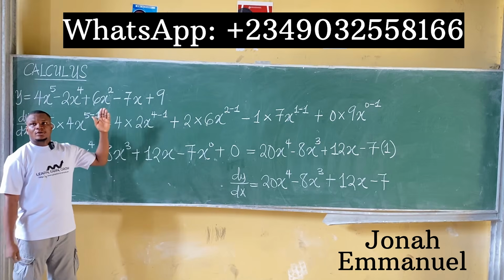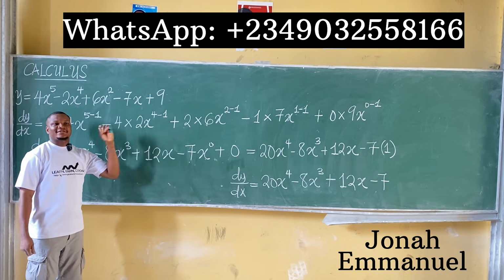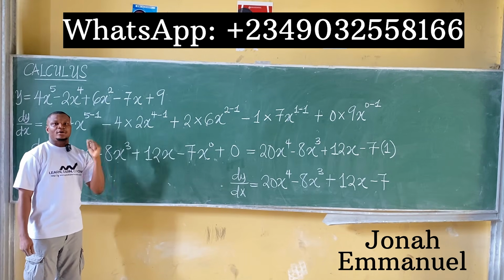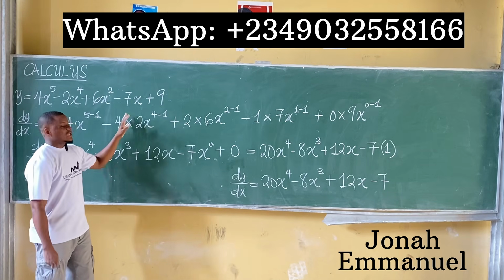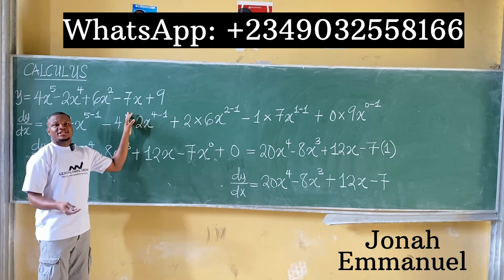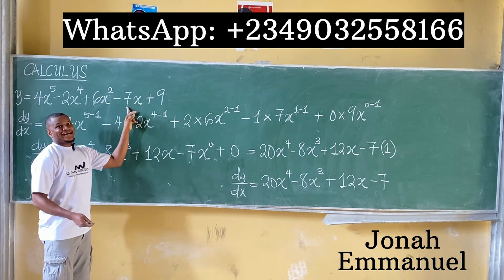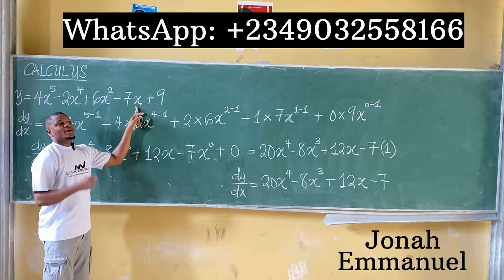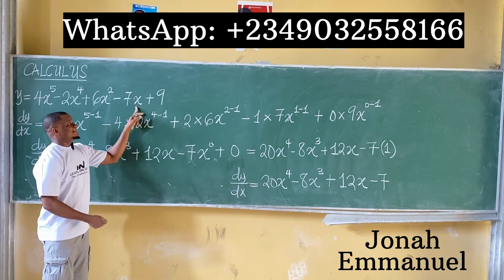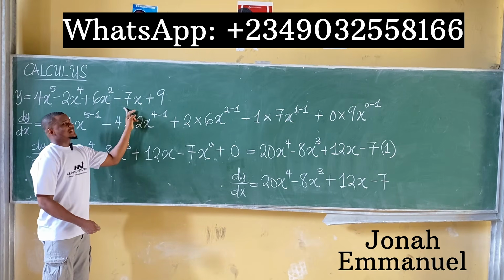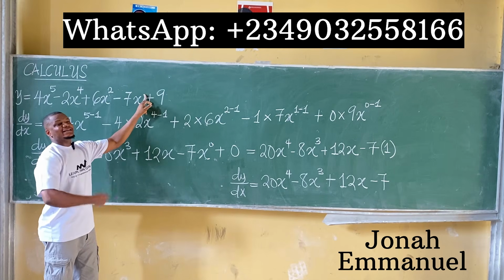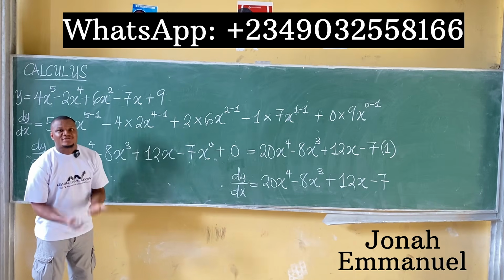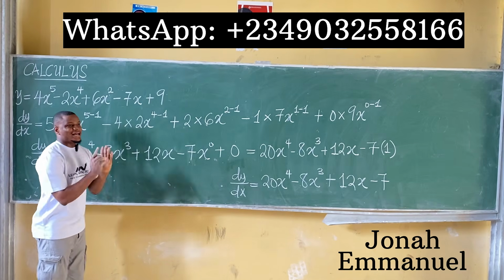Look up, please. Two important things. The first thing is this. If I am to differentiate a term such that that term stands with x, of course, I mean x power 1, at the end of the differentiation process, that term will stand alone.